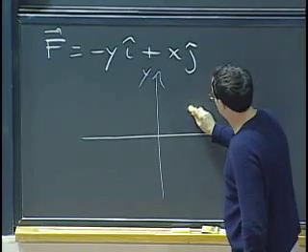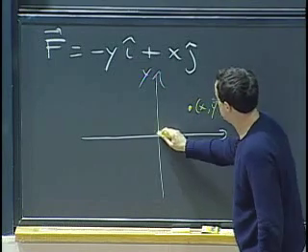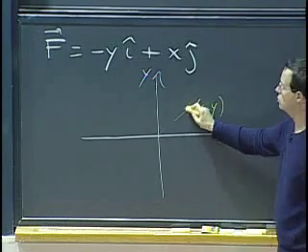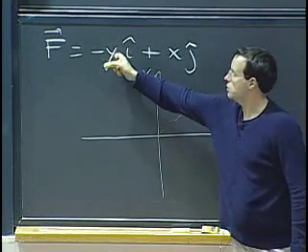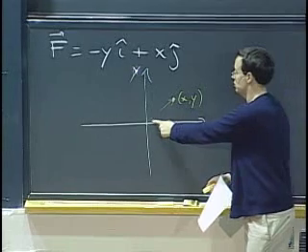So let's say that I have a point (x, y) here. This vector here is (x, y), but the vector I want is (negative y, x). So what does that look like compared to it? Yeah, it's perpendicular to the position vector.